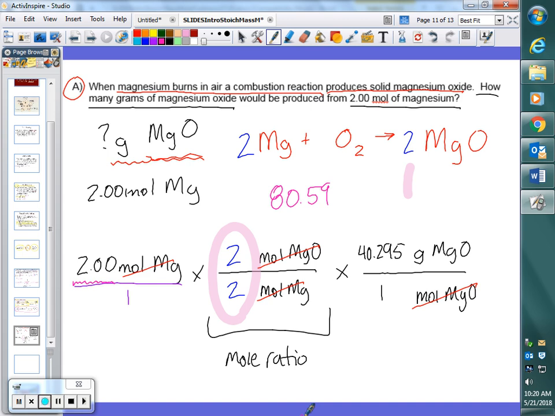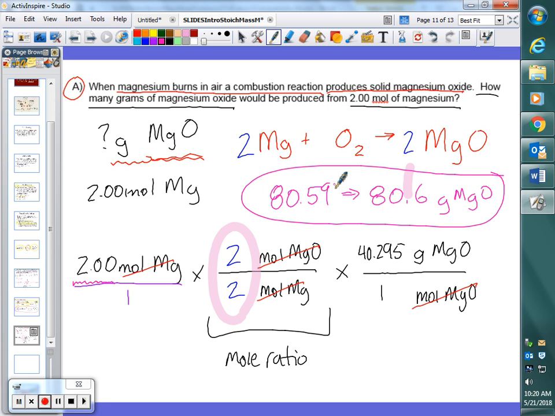Molar masses are defined values, so we don't have to worry about significant digits there. So our final answer should have the same number of significant digits as the number we started with. That's 3. So I should round this answer to 80.6 grams of magnesium oxide.